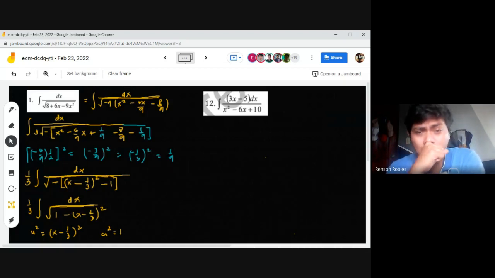Number 12. That's integral of 3x minus 5 dx all over x squared minus 6x plus 10.